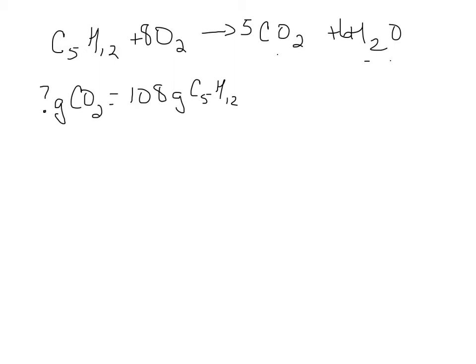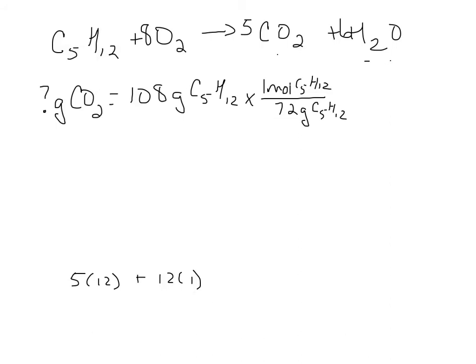In this example, we need to check this. If you remember the mole map, we need 1 mole of C5H12. Don't lose your labels. And if we add it up, 5 times 12 plus 12 times 1, so we've got 60 and 12, so 72 grams of C5H12. Thank you for writing that label down.